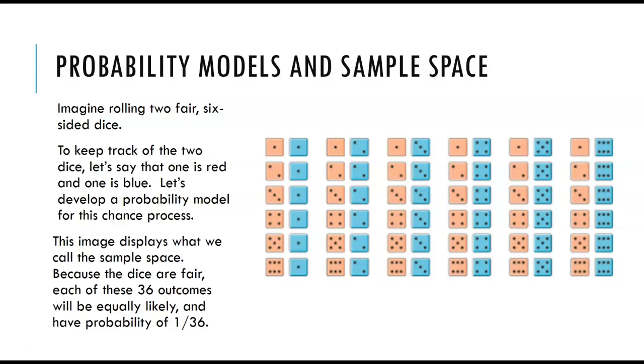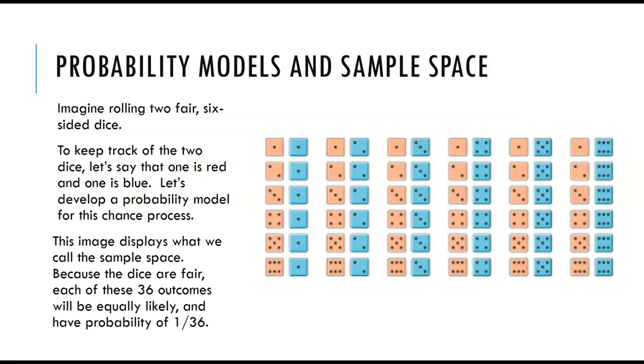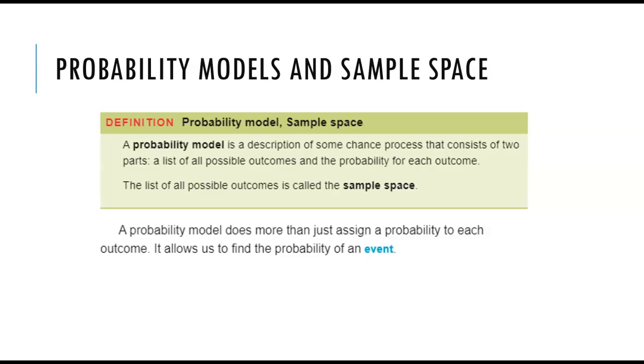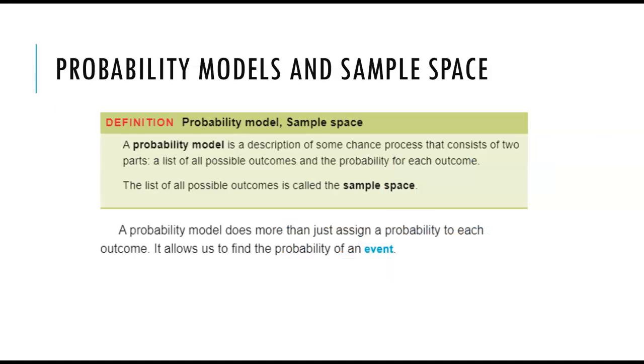So we've got here a list of all of our possible outcomes if we roll two dice. It also contains the probability for each outcome. Well, there were 36 outcomes here, and because the dice are fair, they're equally likely, so each of these rolls has a probability of 1 out of 36. The list itself, just the picture here, is called the sample space. The list of all possible outcomes is called the sample space.